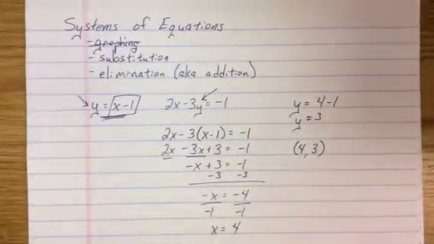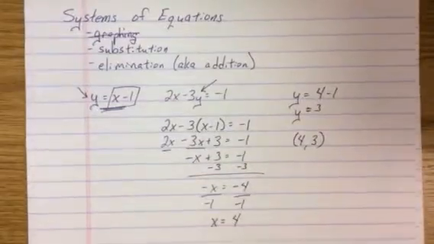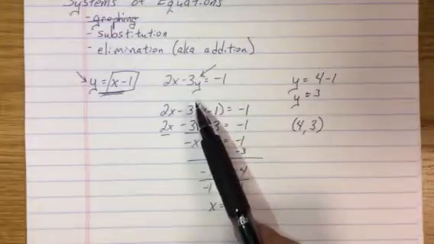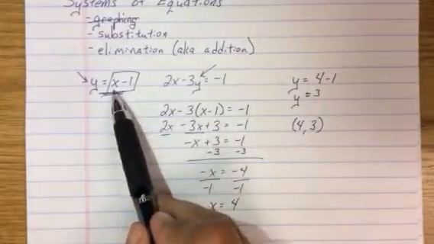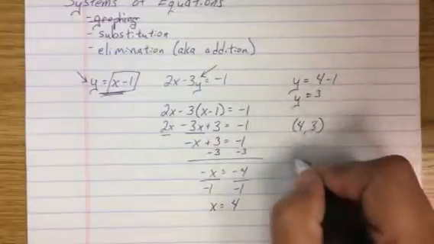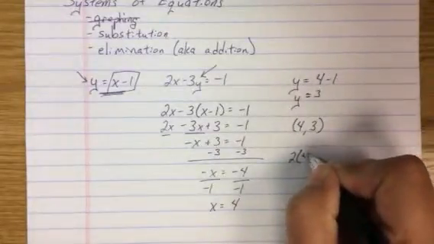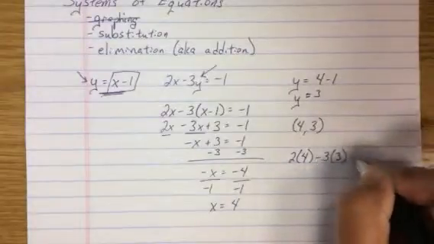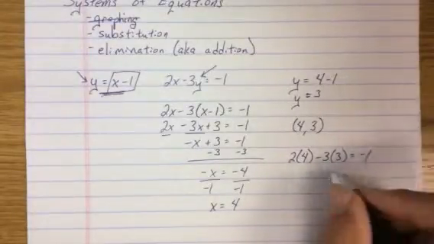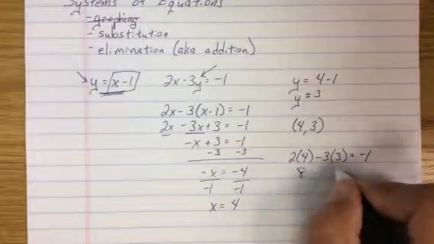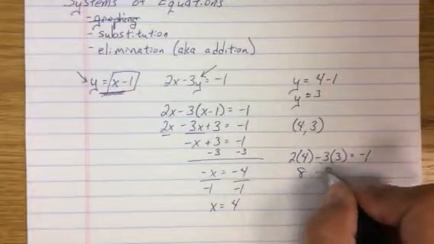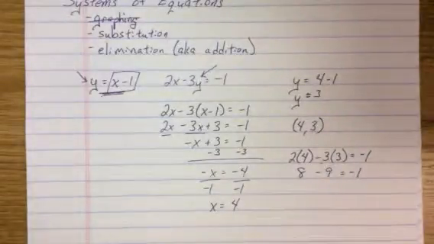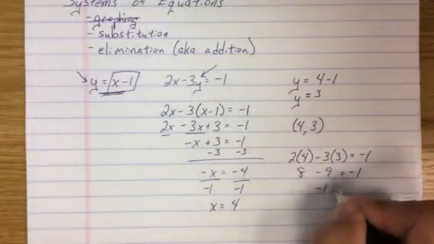This is my answer. Now there is a check, and the check is that you take the equation you didn't use. I used this one to solve. I didn't use this one. And I plug in my x and my y value and see if I get a true statement. Well, 2 times 4 is 8. Negative 3 times 3 gives me negative 9. It should come up to be negative 1. 8 minus 9 is negative 1.